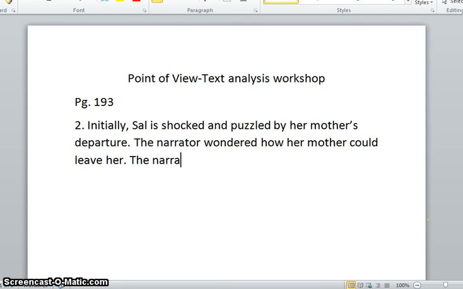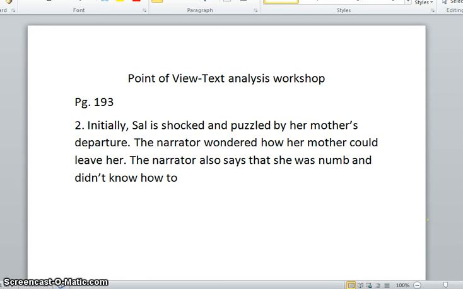The narrator also says that she was numb and didn't know how to feel. So I took these 2 details right here, right from the text. The narrator wondered how her mother could leave her. The narrator also says that she was numb and didn't know how to feel.